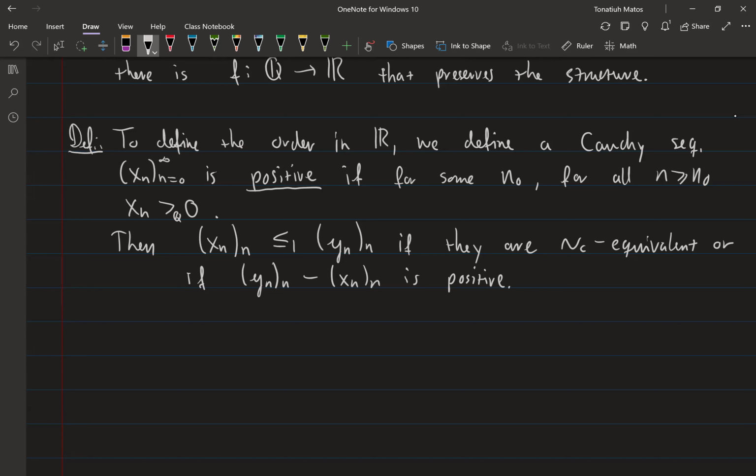And that's how we define the order in the real numbers. Maybe I can just add it like this. And this is the real numbers. In that case, I can just say they're equal, right? The classes are equal.